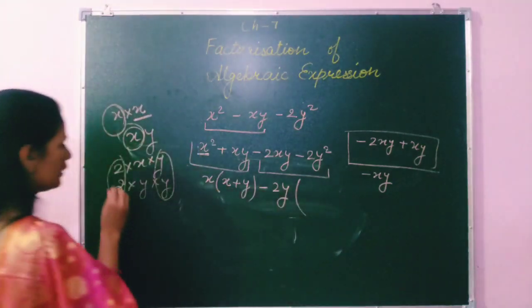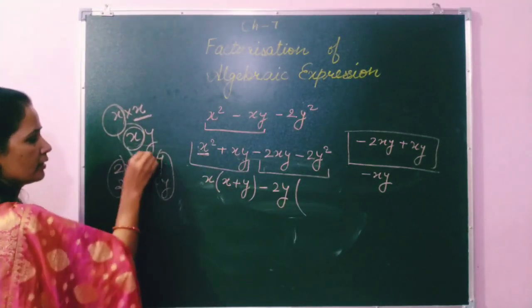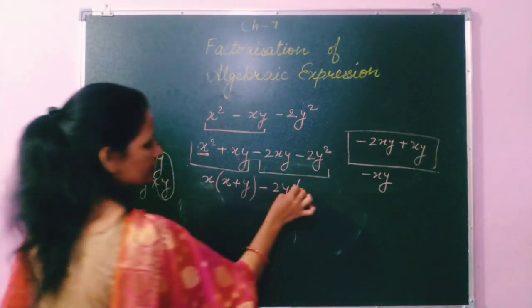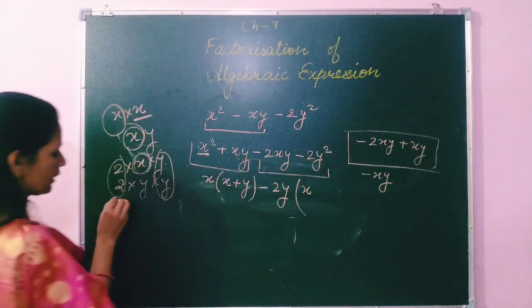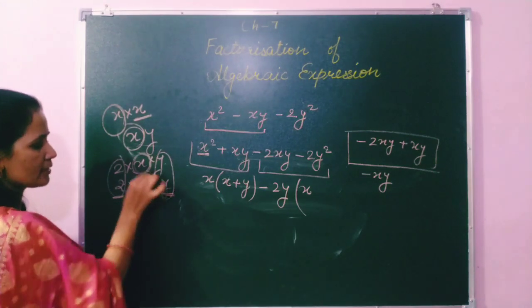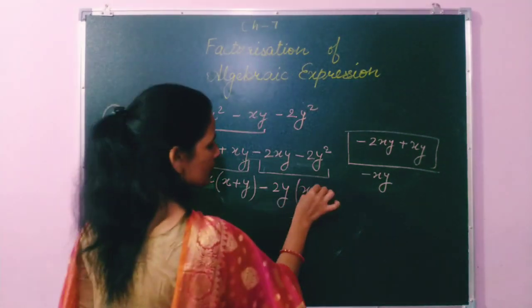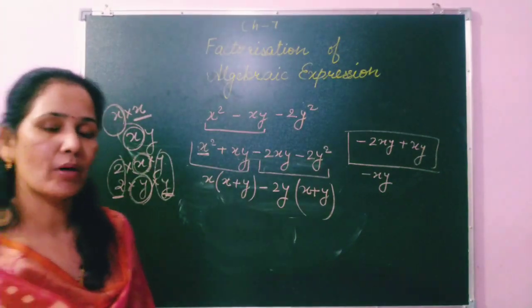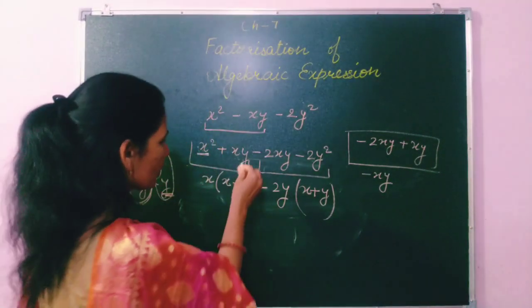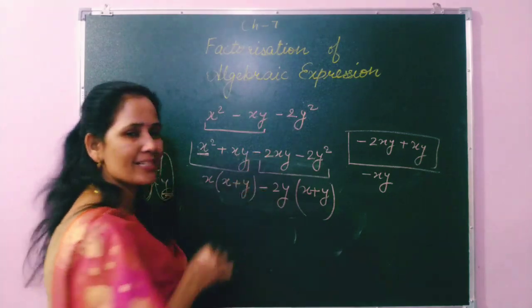If we have taken 2y, the remaining is x. In the next term, we have taken 2 and y as common. Which term remains? y. So plus y. Why have we written x and y as a positive term? Because we have taken the negative sign as common.